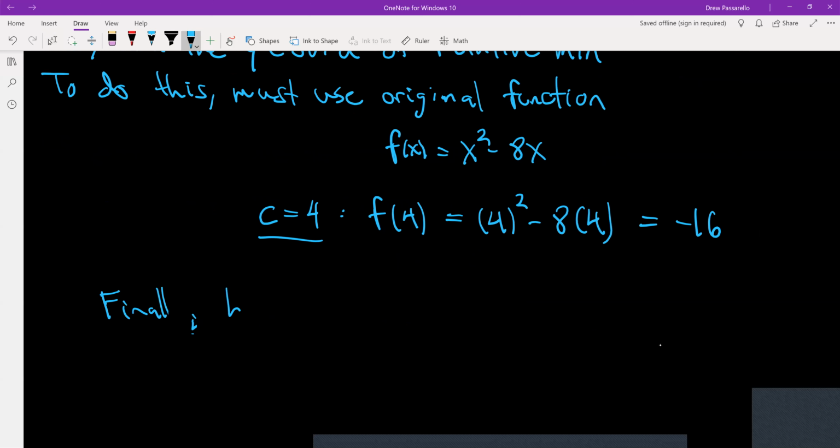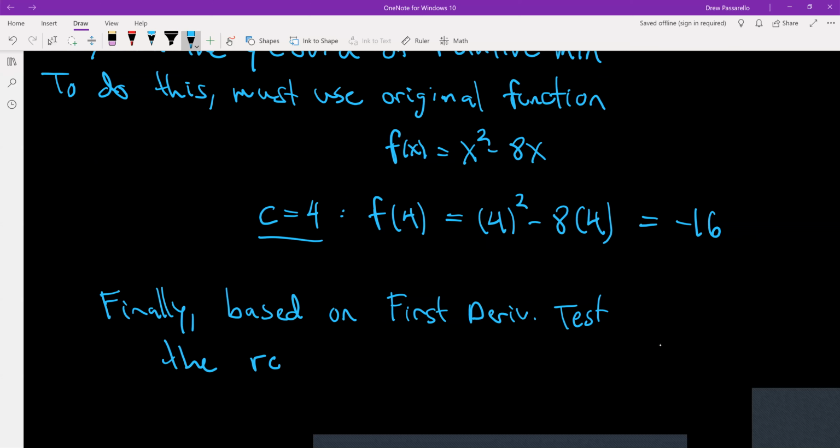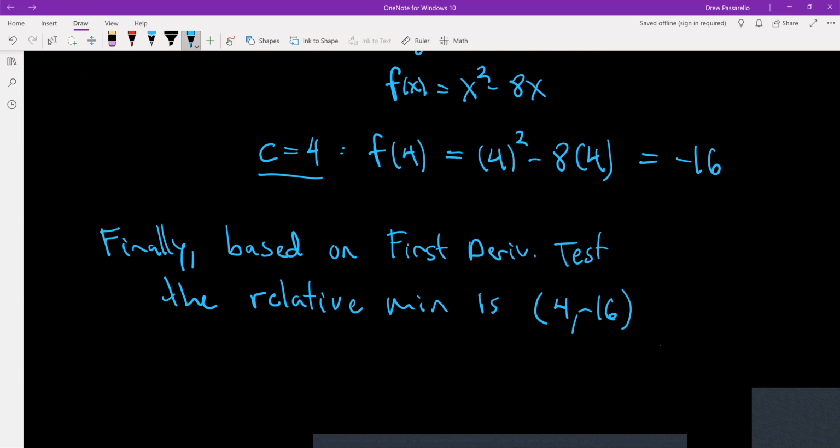Finally, based on the first derivative test, the relative min is the point 4 comma negative 16. Our input was 4, our critical number, and our output was negative 16.